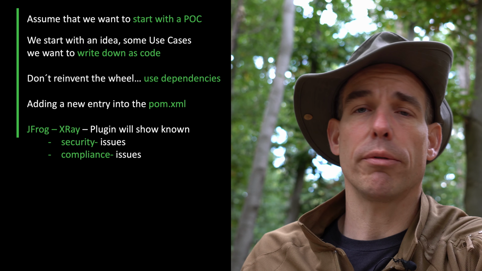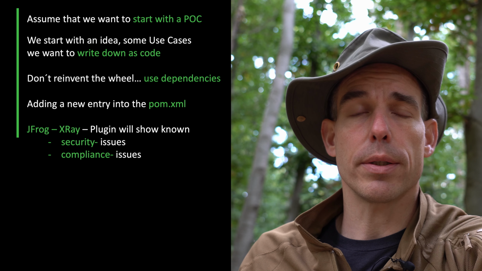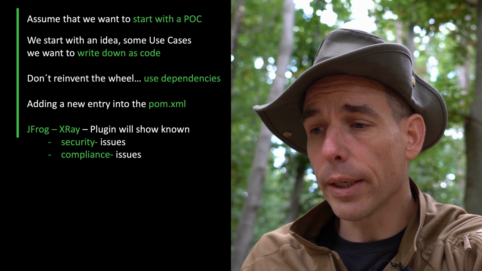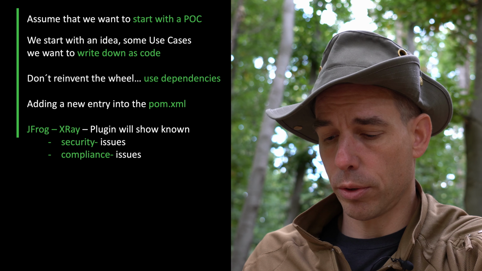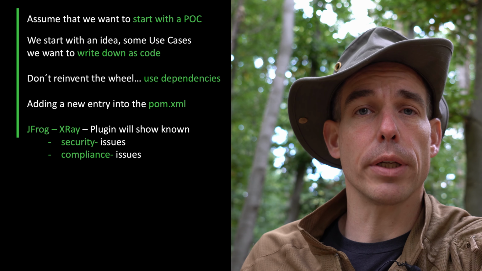So assume you have a proof of concept, just a tiny side project, and you want to start with the first line of code. Then you add a dependency to your POM, and immediately you should see whether you have a compliance or security issue.